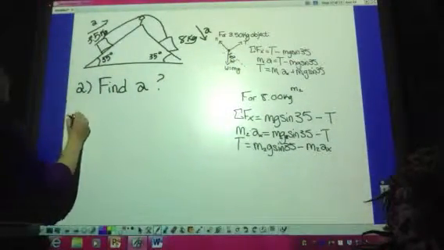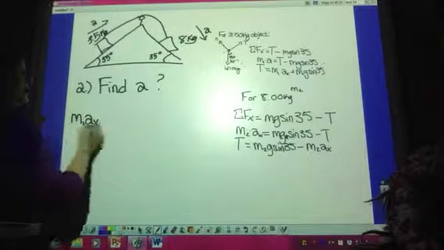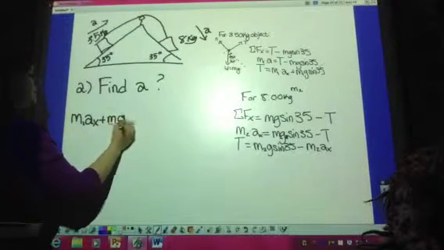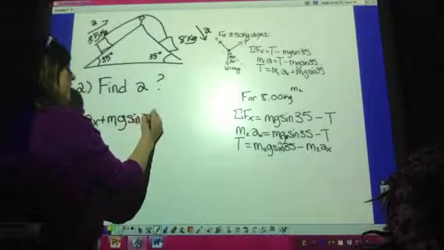Okay, so that gives me, I would have m1 times ax plus m1g times sine 35.